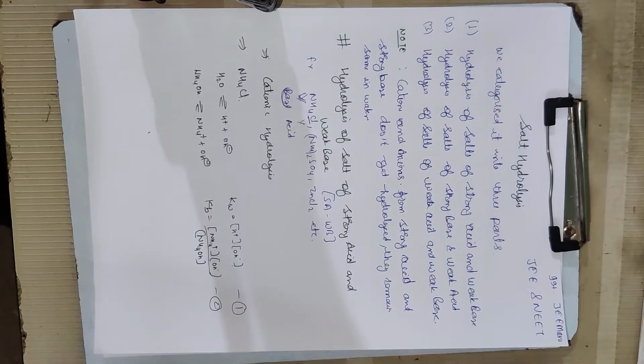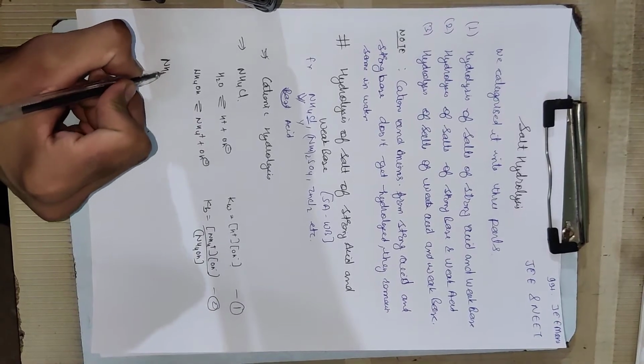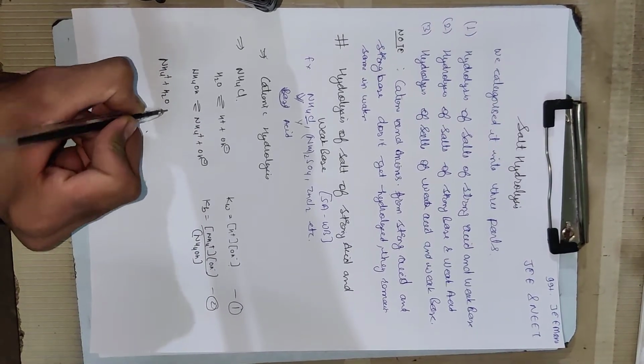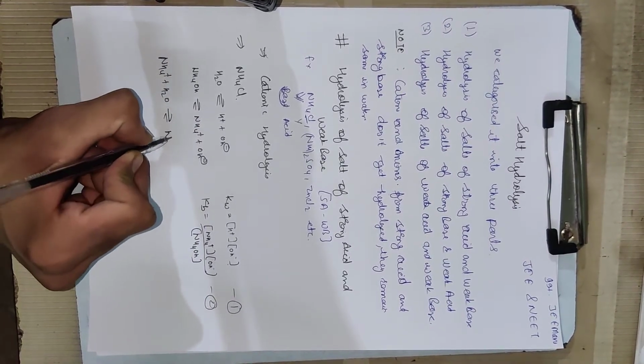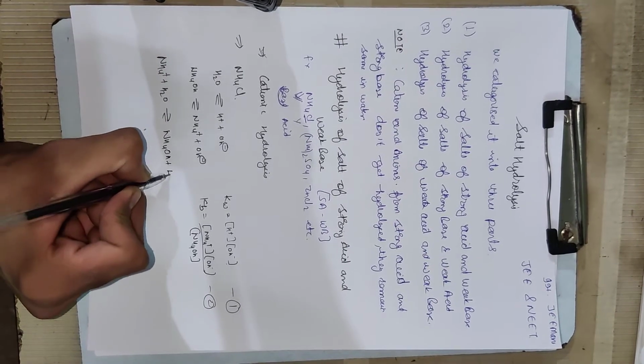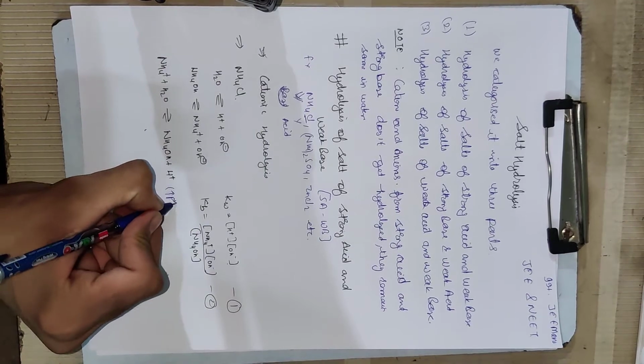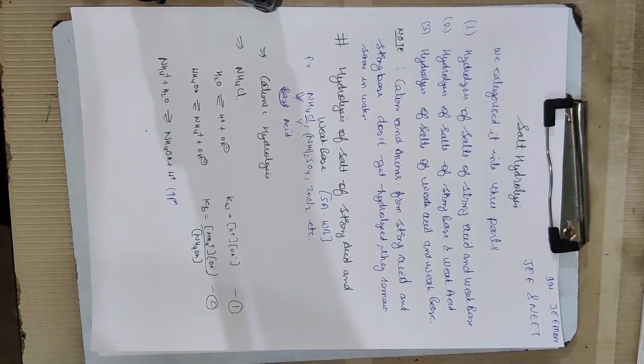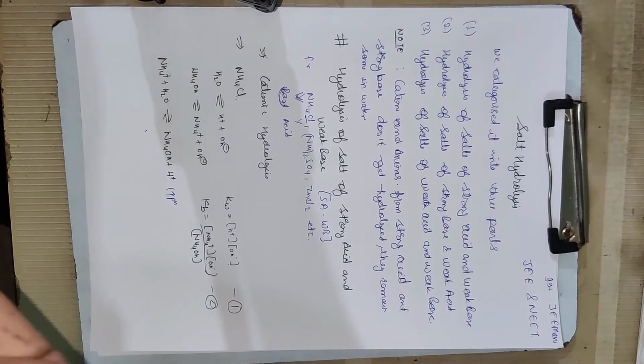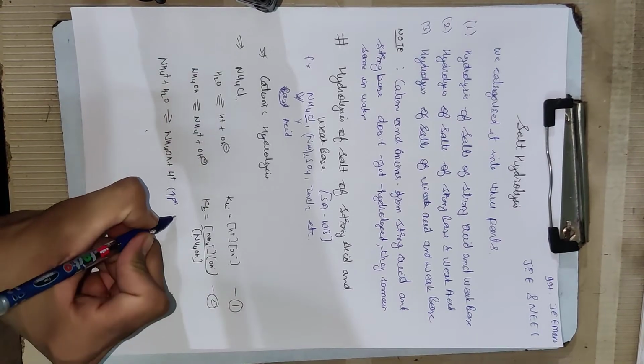So here we are doing a cationic hydrolysis, that is NH4+ plus H2O gives us NH4OH plus H+. The H+ coming here is going to increase the acidity, lowering our pH. Hence from here we will find that it's a part of a strong acid. So acid dominates here, so pH will be less than 7.